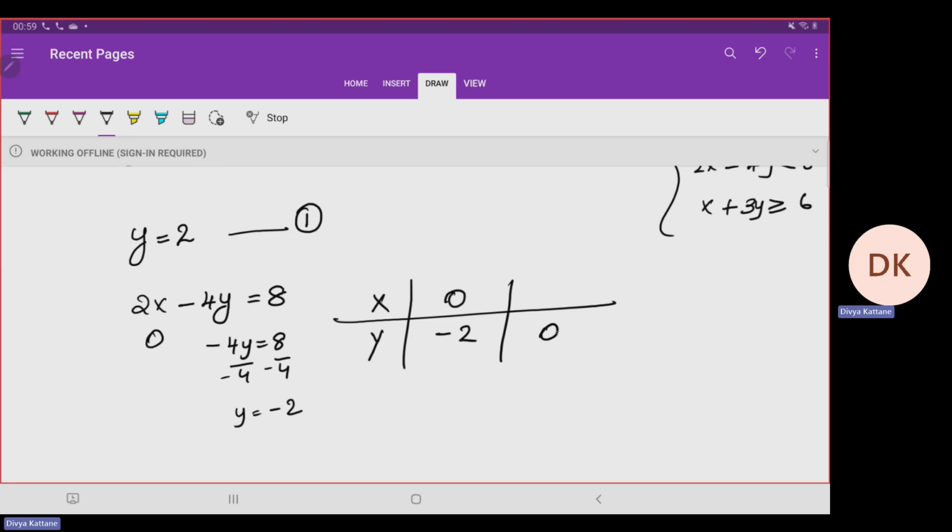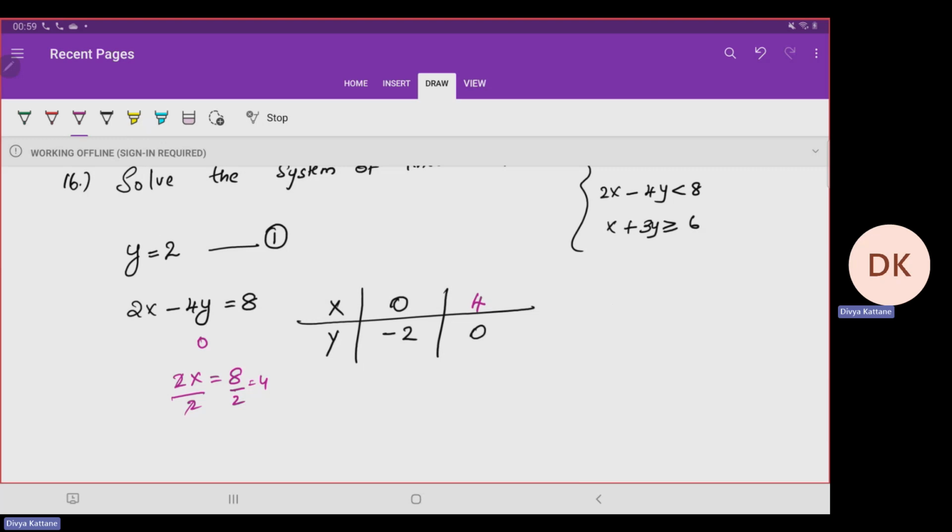Then change y to 0. When y is 0, you have 2x equal to 8, or x equal to 8 by 2, which is 4. So this is the graph of 2x minus 4y equal to 8.